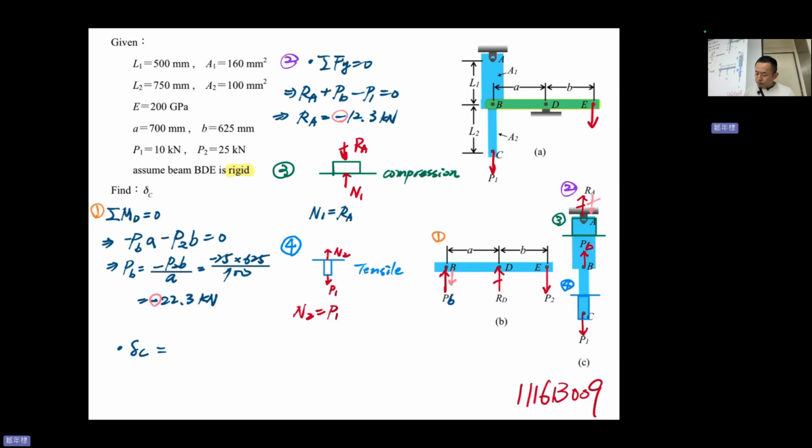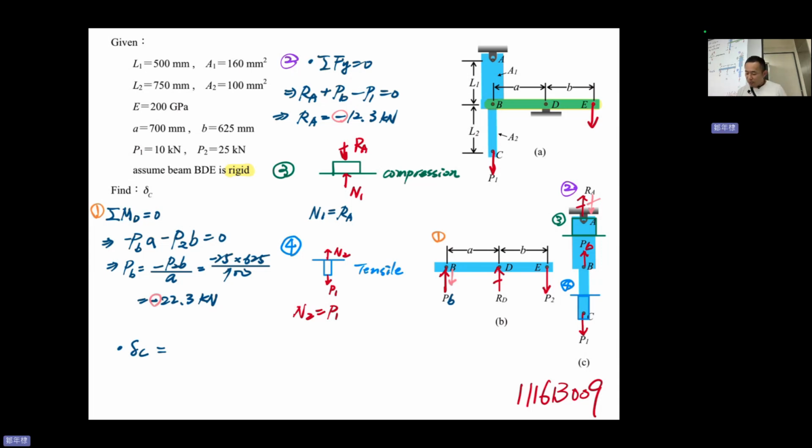After these two steps, we determine the total displacement. We need to cut the first section and the second section, and no matter whether you neglect the upper part or the lower part, both are okay. Here I give you an example.